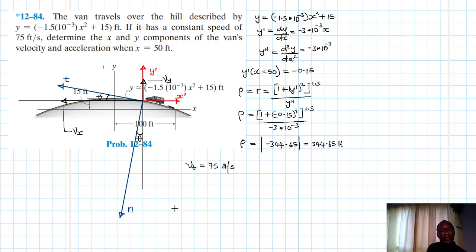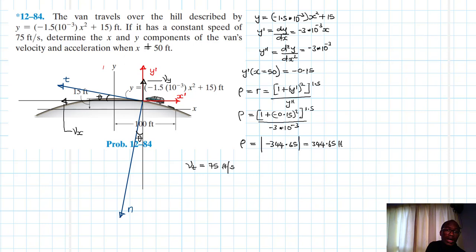Let's work them out. We have velocity here, and for curvilinear motion, velocity is always tangential to the curve.